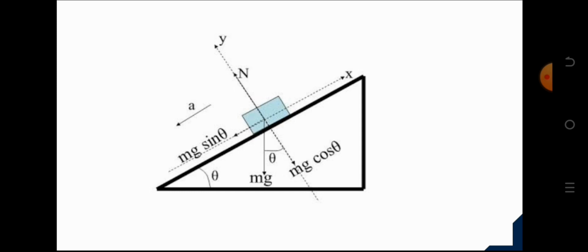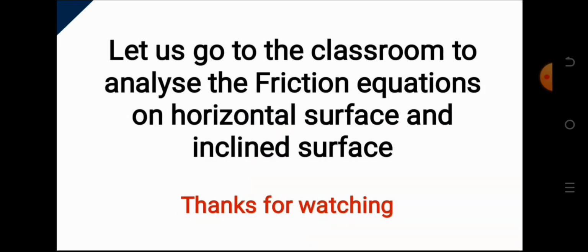This body is accelerating downward, inclined at angle theta. So how do we arrive at components like mg sine theta, mg cos theta, and mg? Let us go into the classroom to analyze the frictional equation on a horizontal surface and an inclined surface. Thanks for watching.